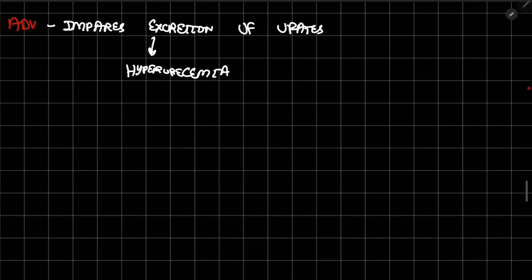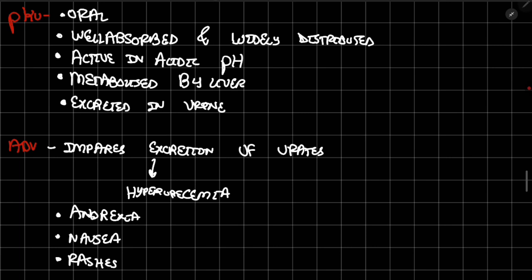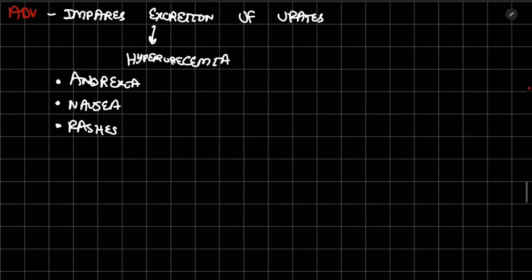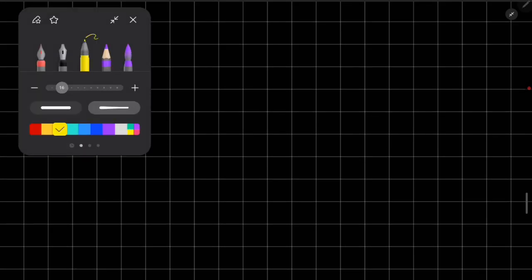So it impairs excretion of urates and will lead to hyperuricemia, and hyperuricemia will lead to gout. Okay, then anorexia, we have nausea, we have vomiting, we have skin rashes, etc. So this was all about pyrazinamide, a short drug which inhibits the fatty acid synthase complex, and it will lead to inhibition of mycolic acid synthesis and bacterial cell wall synthesis, and it will lead to cell death.